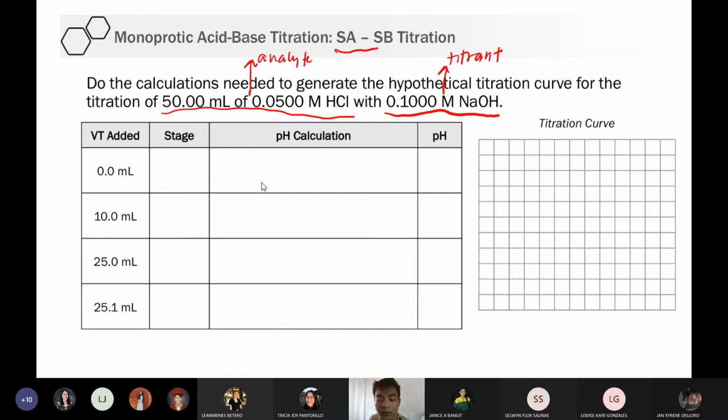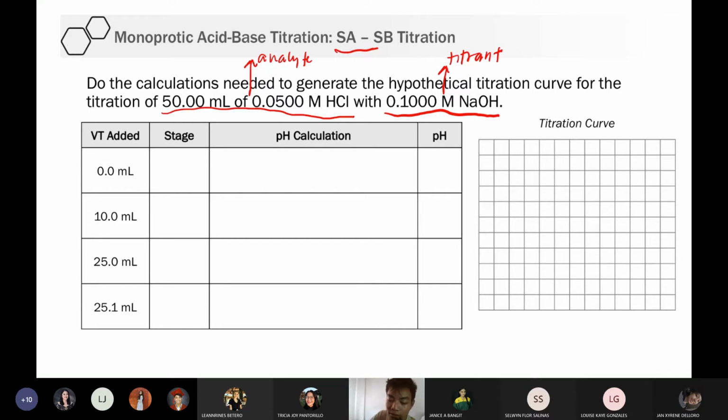Required yon. Bakit? Kasi kapag di nyo alam yung equivalence point volume, hindi nyo alam kung nasa ang stage kayo. Initial ba to? Post-equivalence ba to? Pre-equivalence ba to? Hindi natin alam. Kaya ang gagawin nyo is alamin nyo kung ano yung equivalence point volume. How?